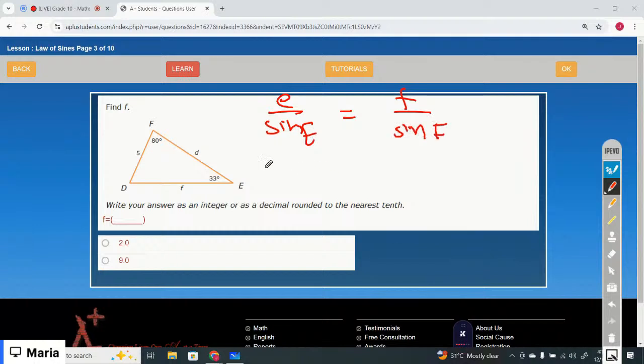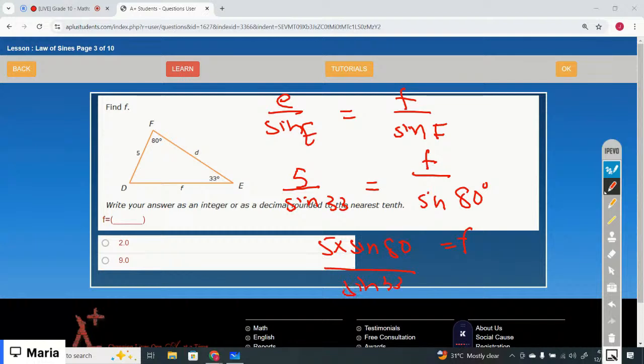So e is 5 divided by sine 33, and that equals f divided by sine of angle 80 degrees, right? So then f equals 5 times sine 80 divided by sine 33. So let me just do the calculations, right?